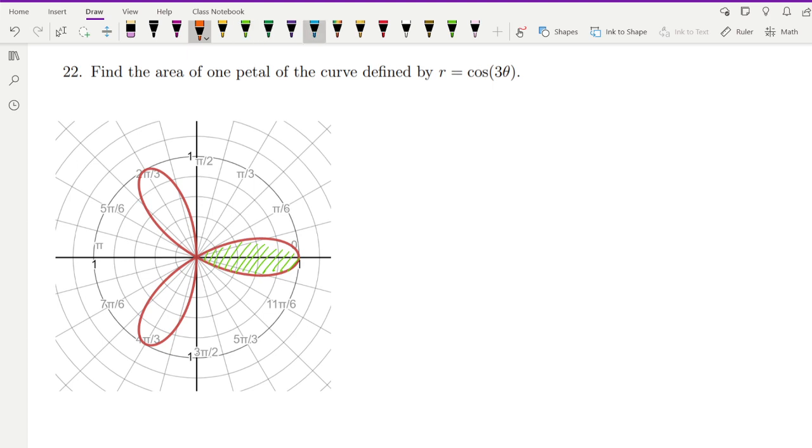But basically in this case, we want to use the formula for the area of a region bounded by a polar curve. That formula is the integral from a to b, where a and b represent angles, of 1/2 r squared d theta. And r is expressed as a function of theta.